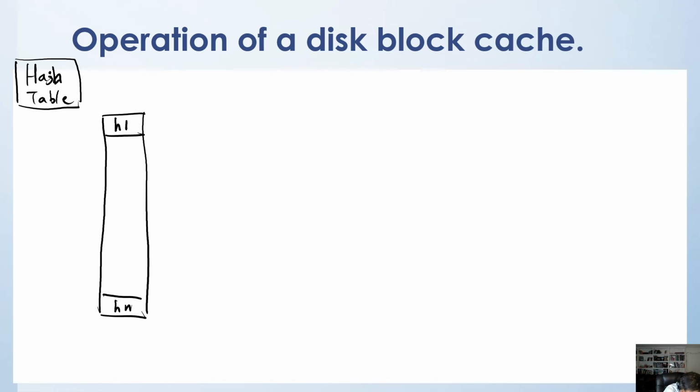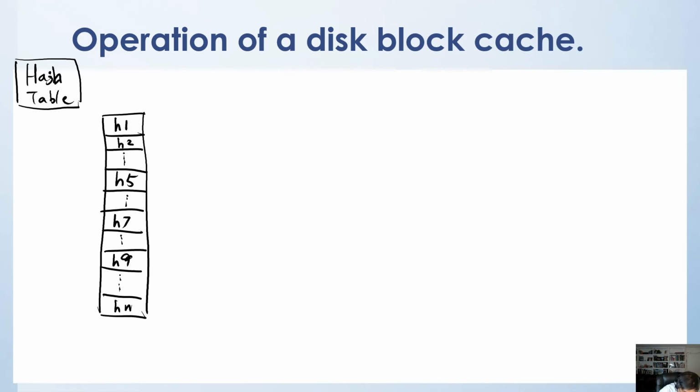Here we have H1, H2, H5, H6, H7, H8 and H9. All block numbers are hashed on values H1 through Hn. The blocks are kept on lists based on the hash values, so a block is on one of the lists based on its hash value.